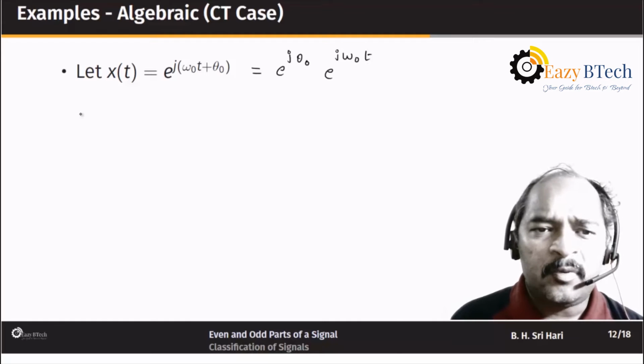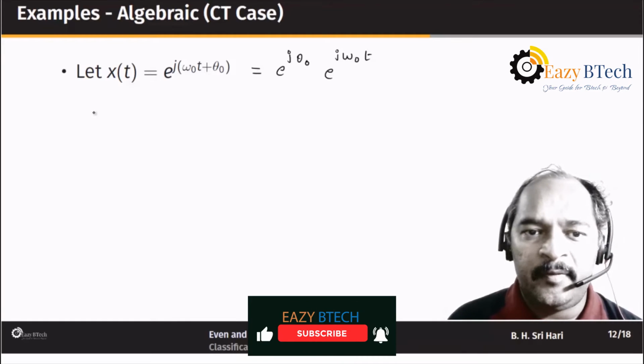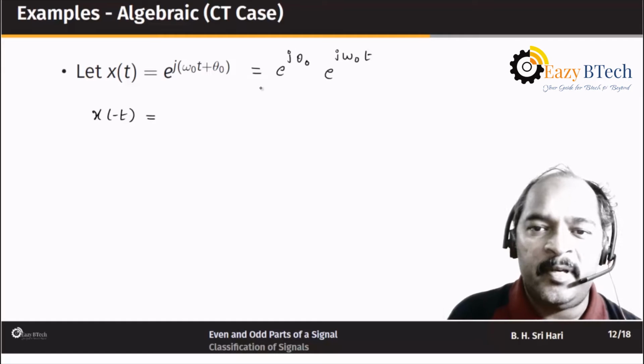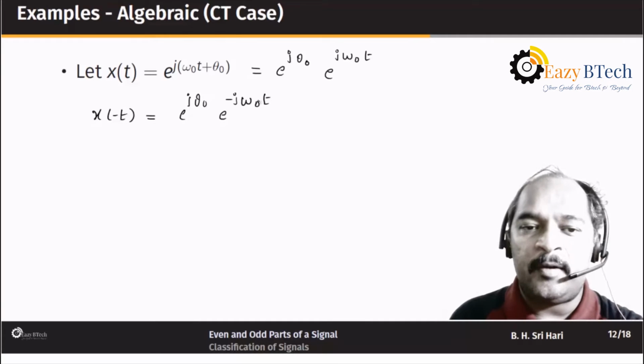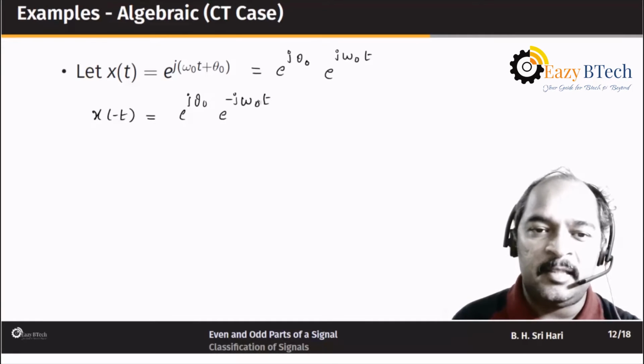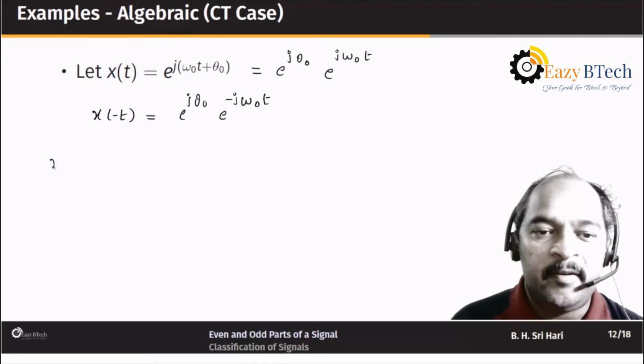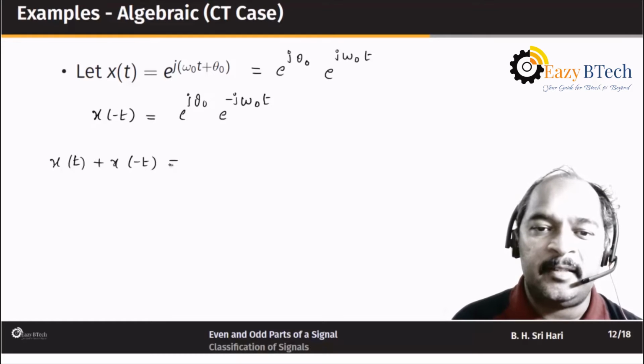Now to find the even and odd part, we need x of minus t. Hence x of minus t would be equal to e power j theta naught, we don't have any t there, multiplied with e power minus j omega naught t. So that would be our x of minus t. To find the even part, first we have to add x of t and x of minus t.